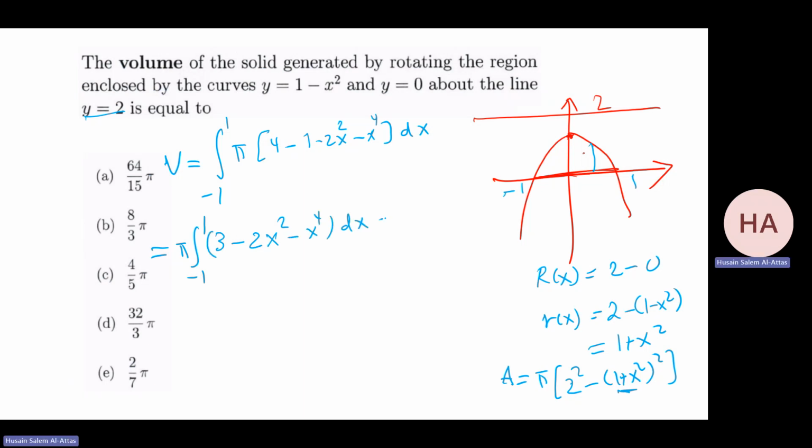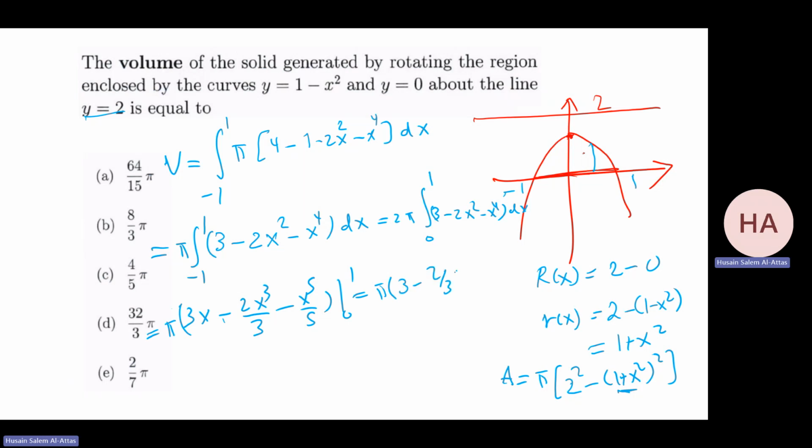This is even, so I can write it 2 pi from 0 to 1 of 3 minus 2x squared minus x to the power 4 dx. So it will be 3x minus 2x cubed over 3 minus x to the power 5 over 5. Don't forget the pi, from 0 to 1. That gives me pi times 3 minus 2 over 3 minus 1 over 5.